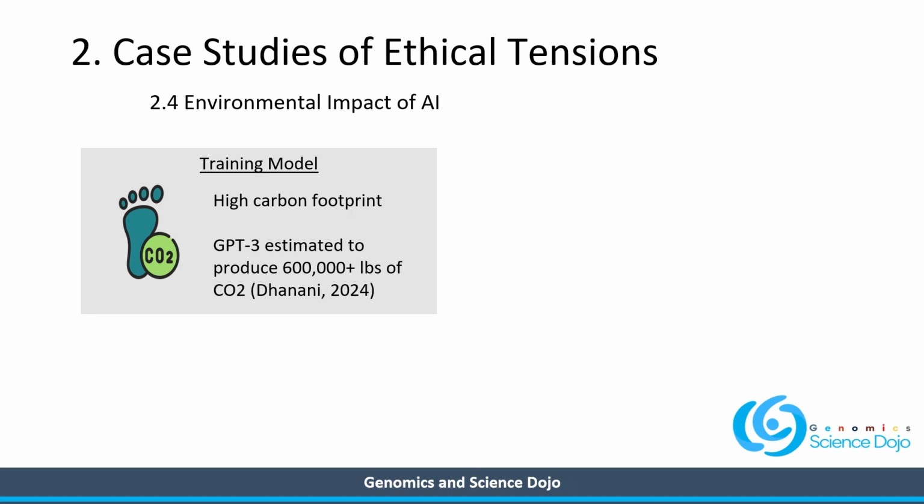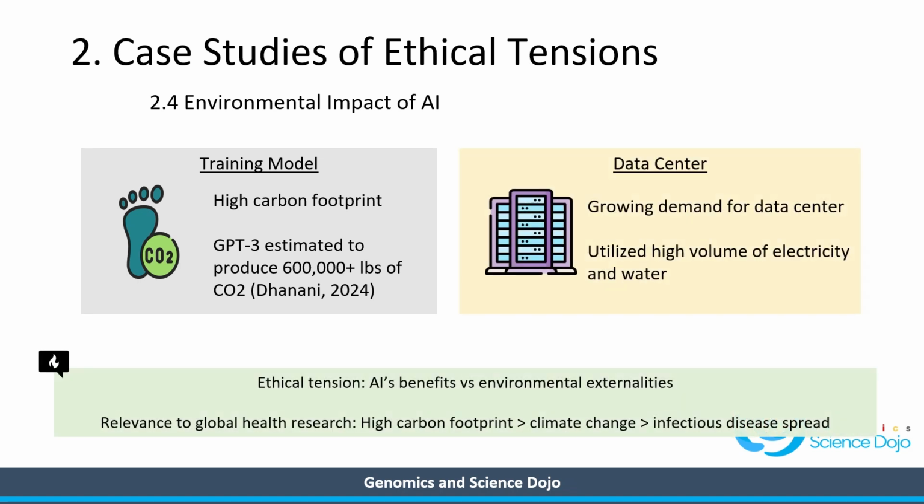For ChatGPT-3, for example, it's estimated to produce a lot of carbon dioxide, and not only that, the data centers used to train this AI are not very environmentally friendly because they use a high volume of electricity and water. So there is an ethical tension where you need to weigh the AI benefits against the environmental externalities when we use AI.